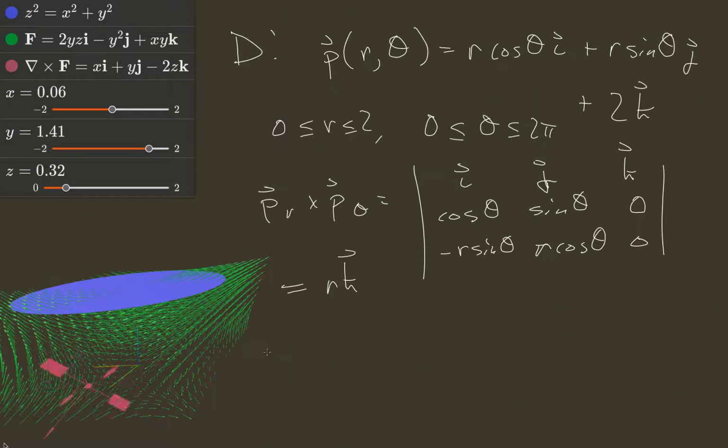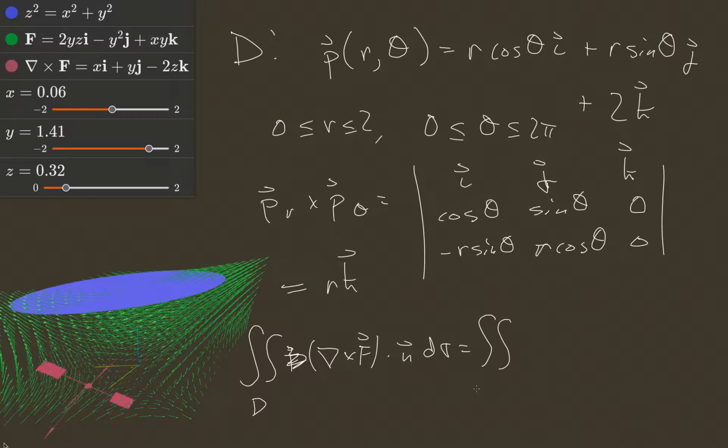And so now the integral over D of curl f dot normal d sigma is going to be the integral from 0 to 2 pi, 0 to 2.